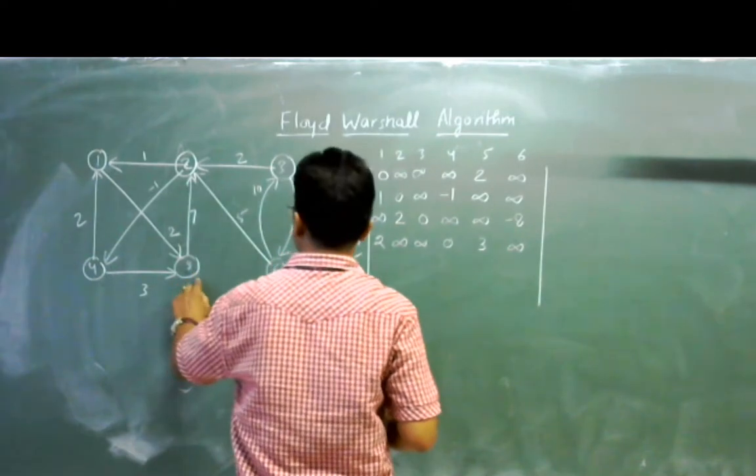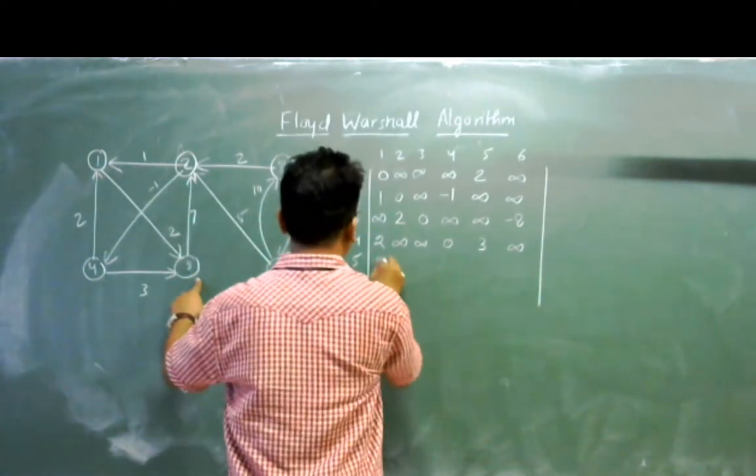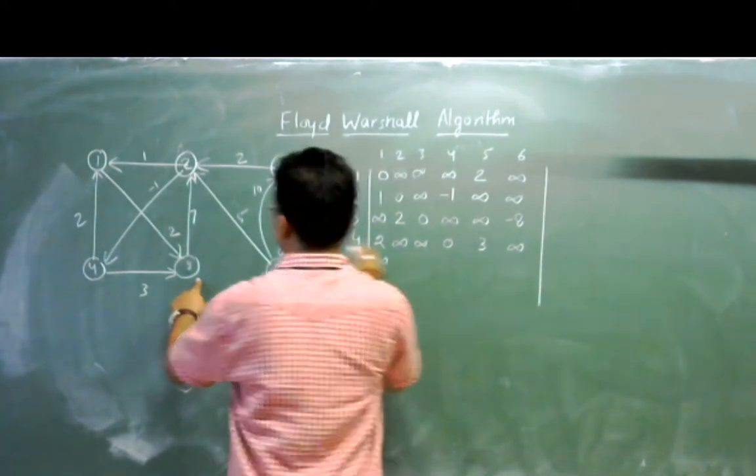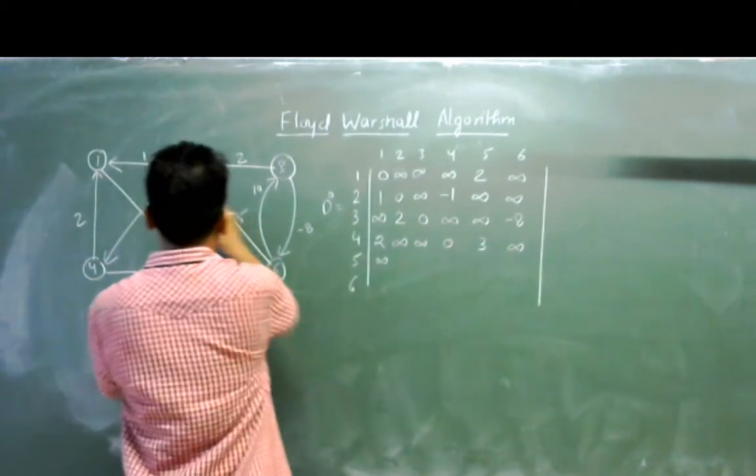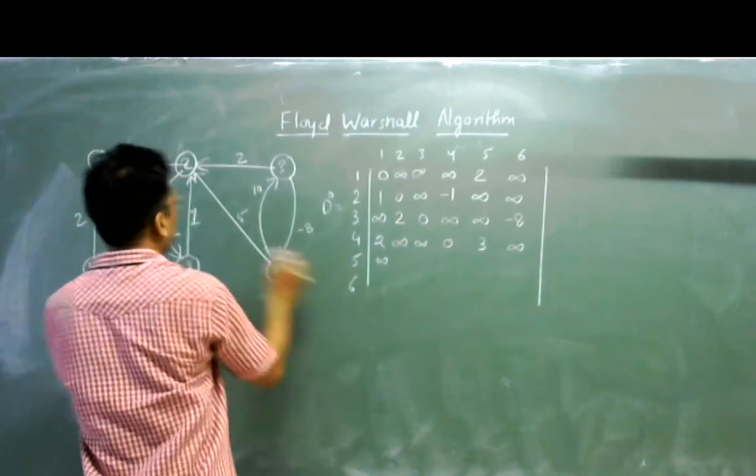Then node number 5 is not connected to 1. Node number 2 is at distance of 1.